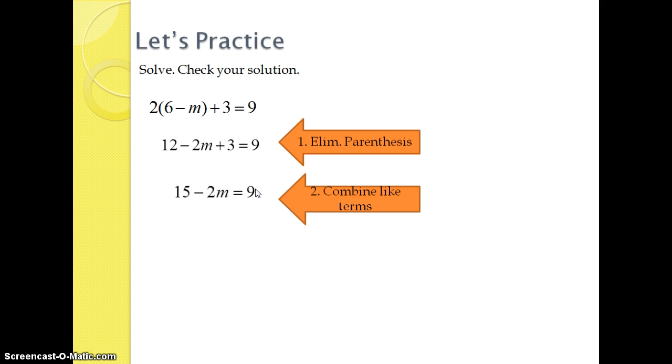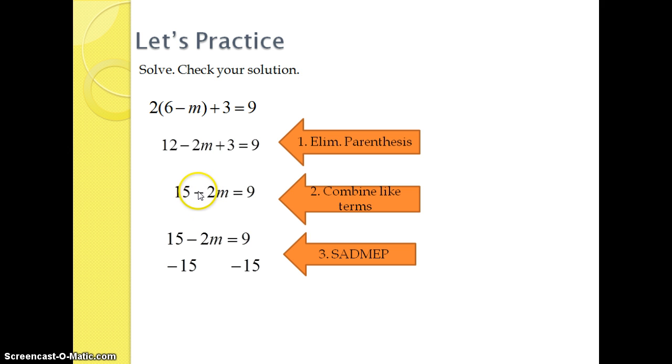Now I just need to start solving for my variable by doing the order of operations in reverse, our SADMEP. I notice this 15 is connected to the m by addition. So to move the 15, I'm going to subtract it to the other side.